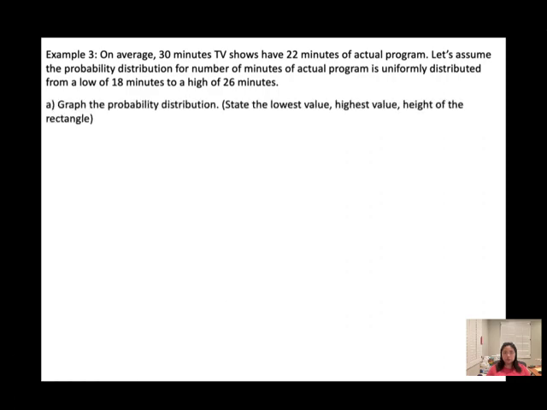Okay, so A, graph the probability distribution. I want you guys to have the picture, state the lowest value, highest value, and the height of the rectangle. So, uniformly distributed, I already know this is going to be the rectangular shape. So think about it. What is the lowest value? They say uniformly distributed from a low of 18 minutes to a high of 26 minutes.